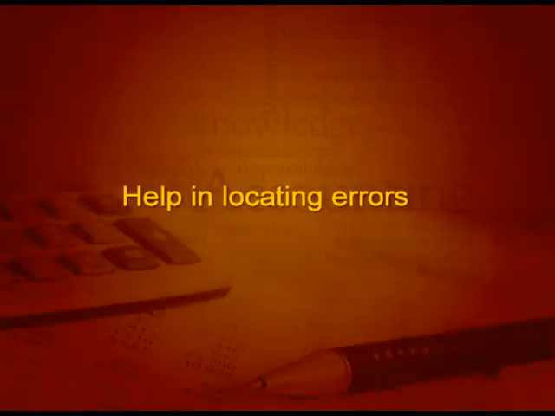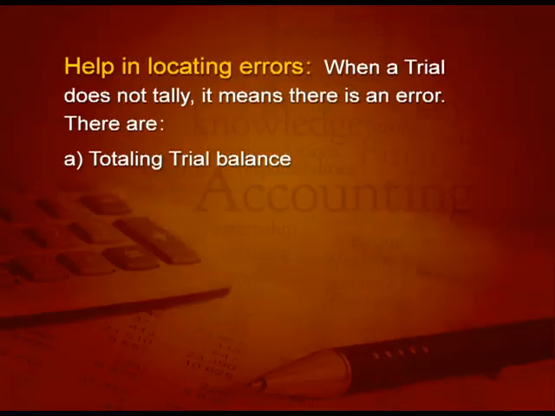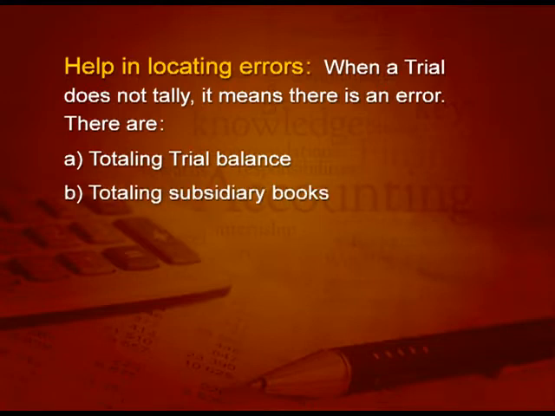Coming to the second point, that is help in locating the errors. Now when a trial balance does not tally, it means there is an error. Now what kind of error can be? They are: first, it can be in totaling the trial balance; second, it can be in totaling the subsidiary books.